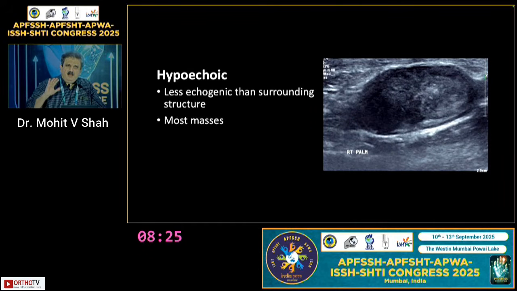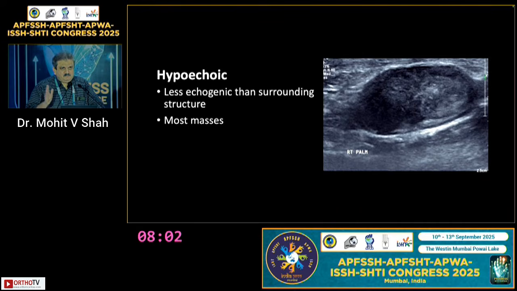Hypoechoic means they are slightly on the blacker side, but they are more grayish black because they are solid. So when you have a solid lesion, they are usually hypoechoic, and hypoechoic, as the word says, is less echogenic than the surrounding structures. This is typical of most masses that you will find in MSK.